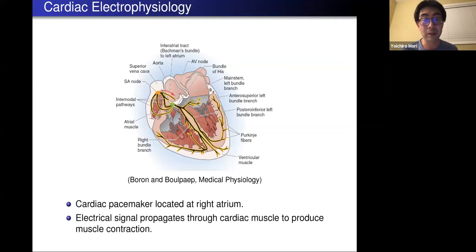The heart is a pump that pumps blood, but the movement of the muscle has to be organized, and the orderly contraction of cardiac muscle is controlled by an electrical signal that comes from the cardiac pacemaker, which is located in the right atrium, here at what is called the SA node. The electrical signal propagates through the cardiac muscle to produce muscle contraction.